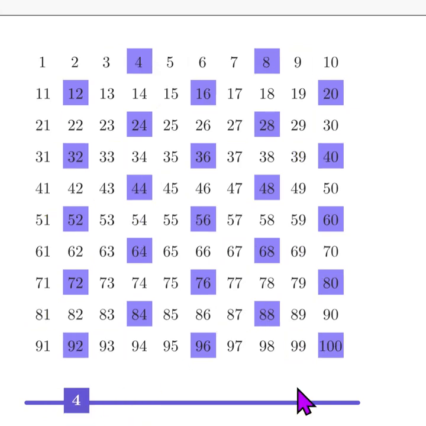Okay, a bit more careful thinking now for the multiples of 4. If there's an odd tens, the units digit is 2, 6, or 0. If there's an even tens, and you can see that here, the units digit is 2, 6, or 0.